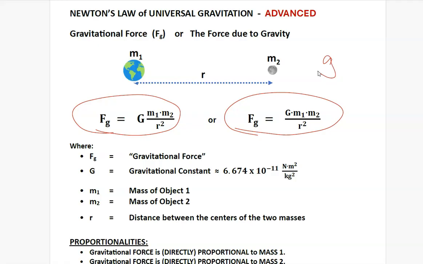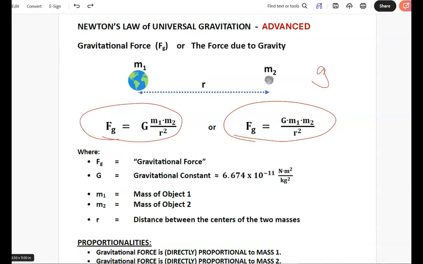And you'll notice capital G, the gravitational constant, is multiplied by both the first mass and the second mass, and that is divided by the distance between the two objects, between the centers of the two objects, squared. It is extremely important to remember that that denominator, that with the distance, is squared.